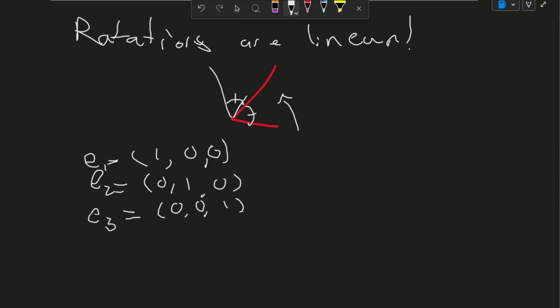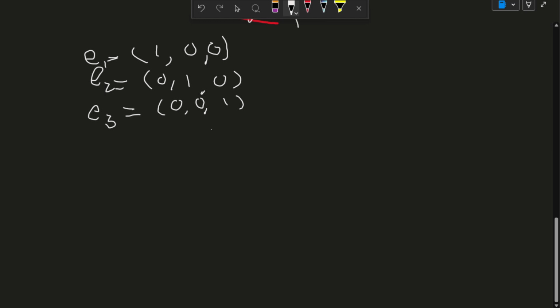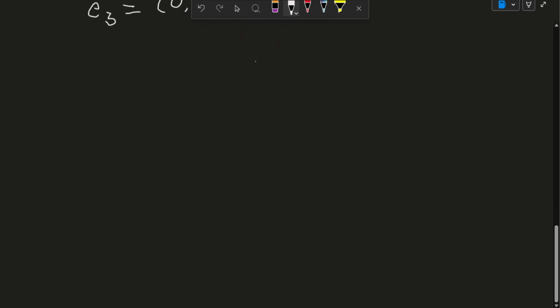Right, so as long as we preserve angles for these 3, we're good. So what does that all mean in concrete steps? Well, if I may try and visualize something here, you can think of this as being E1, this as being E2, this as being E3, right? And they're all at 90 degrees from each other.